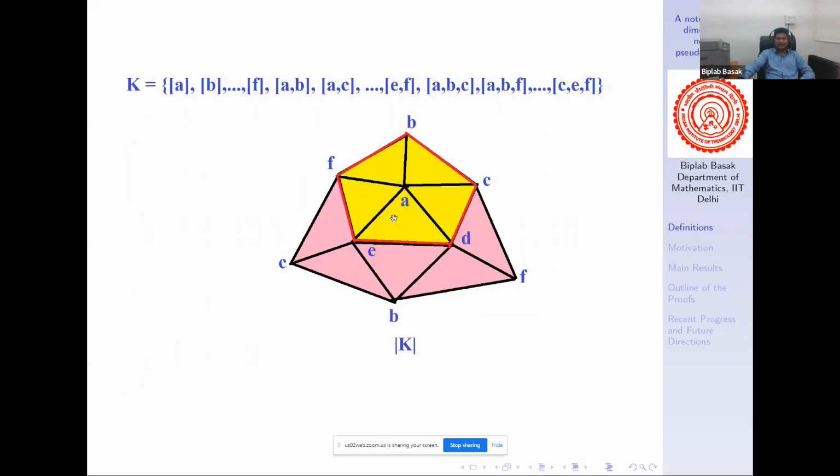So here you can check that in this example for this K, f0 will be 6 because the number of vertices is 6, f1 is 15 because the number of edges is 15, and f2 is 10 because the number of triangles is 10, right? So 5 yellow colored triangles and 5 pink colored triangles.